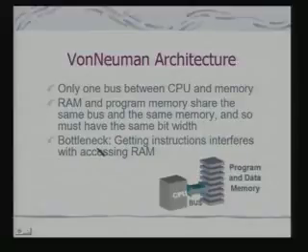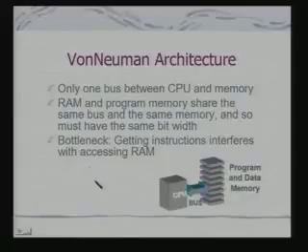We can get a bottleneck because getting instructions may interfere with accessing RAM for data. So I need to have distinct cycles on these buses for getting instruction as well as getting or writing data. The other typical feature is that we have the same buses, and hence the instruction and the data word is typically of the same bit width.